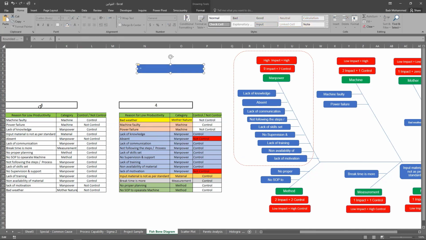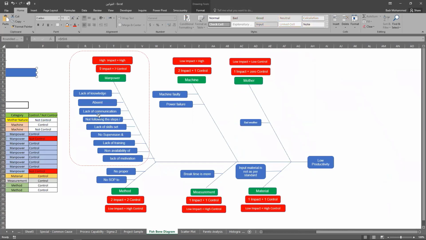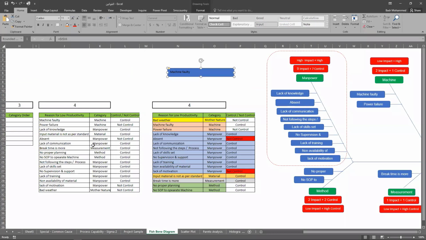We write it here: equal this cell. So whenever you change anything here, it will automatically change here. So in the fishbone diagram, you have no need to change or type anything. It is automatic. Once you change anything from here, immediately it will change in the fishbone diagram.